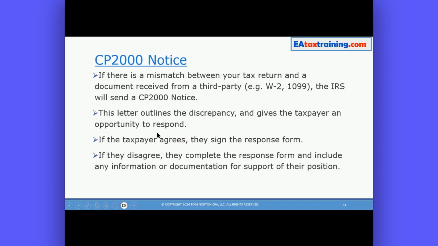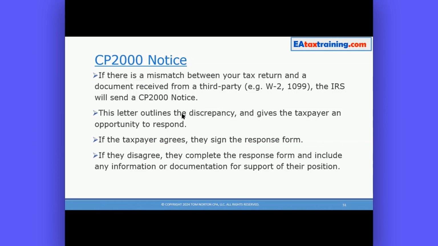You could have a client who has multiple jobs during the year, and maybe they worked at one place for 2 weeks and then they quit. And in the meantime, they've moved. And so they never got the W-2 from that job that they worked for 2 weeks, and they didn't even think about it. They forgot about it. So they bring you all of their information. It does not include the W-2 from that 2 week job. It includes their other W-2s.